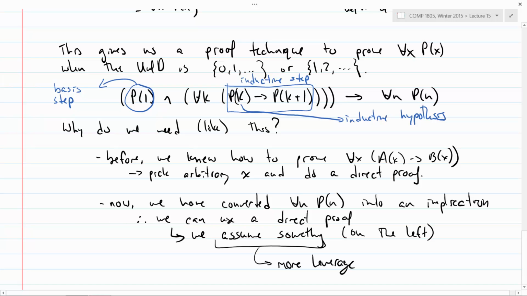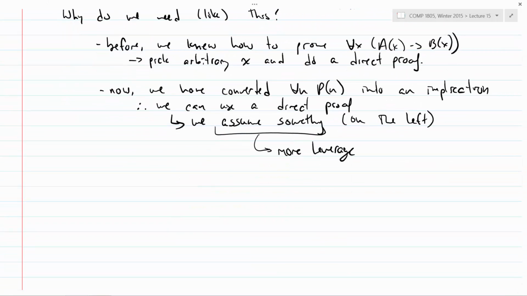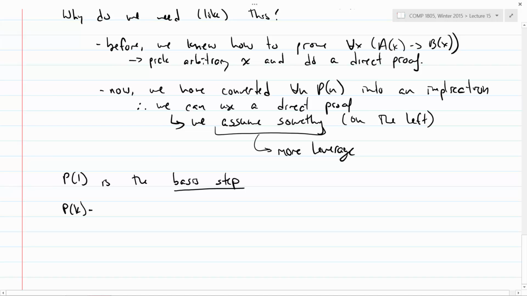All right. So let me talk about these terms a little bit first. So P1 is the basis step. You might also hear this referred to as the base case. That's the same thing, and I'll probably call them both. PK implies PK plus 1 is the inductive step.